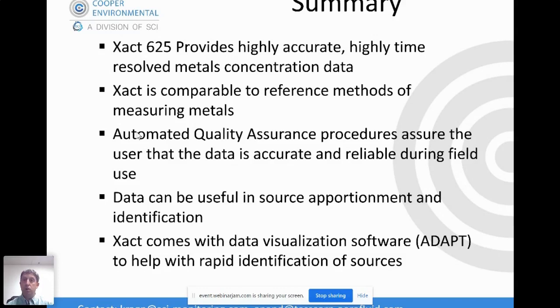That means you can trust that data to be useful in your source apportionment and source identification studies. And finally, the Xact also comes with the ADAPT software package that will help very quickly identify sources without a lot of the work required in terms of data visualization.